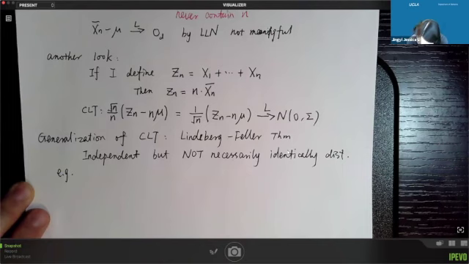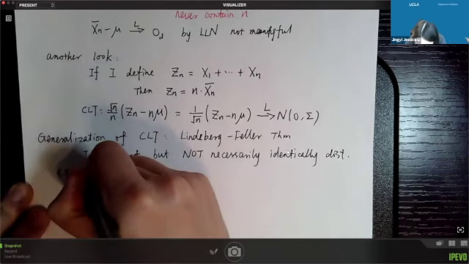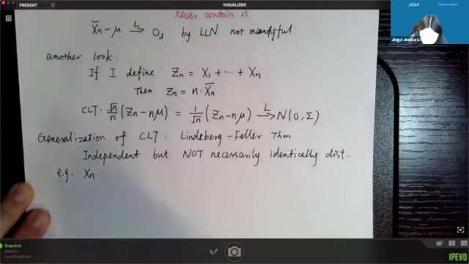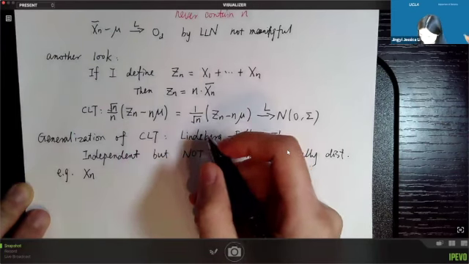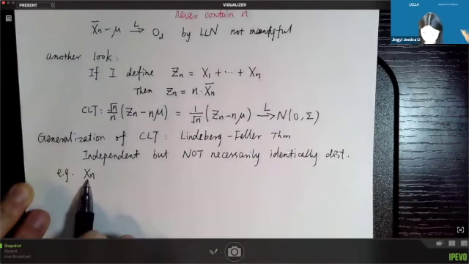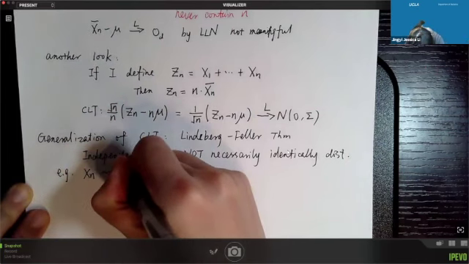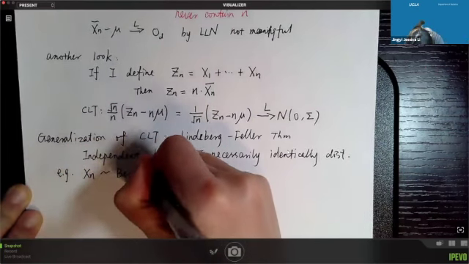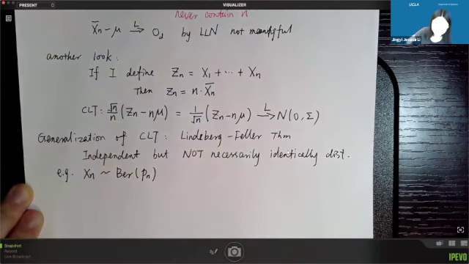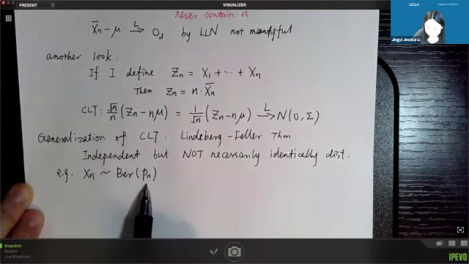So think about you're tossing a coin and the outcome is binary, and you call the outcome of the nth toss Xn. And suppose that this one is following a Bernoulli distribution with a head probability Pn. So you see, as your toss goes, the probability of getting a head is changing. So Pn is not a constant P anymore.